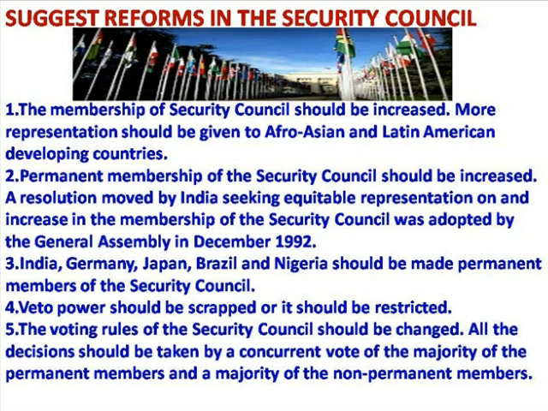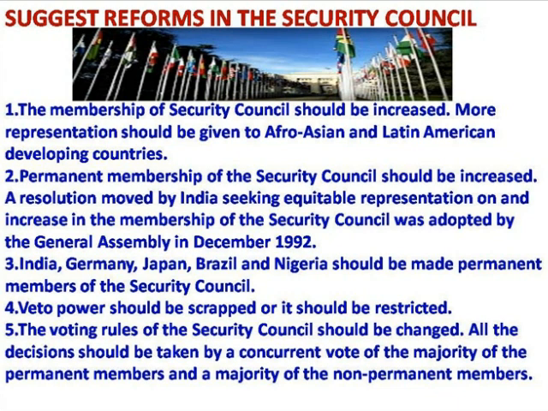A resolution moved by India seeking equitable representation on an increase in the membership of the Security Council was adopted by the General Assembly in December 1992. Number 3. India, Germany, Japan, Brazil and Nigeria should be made permanent members of the Security Council.